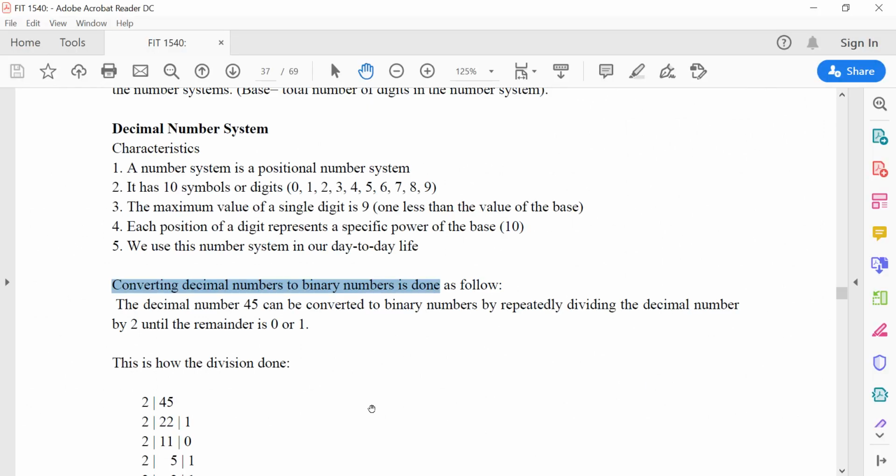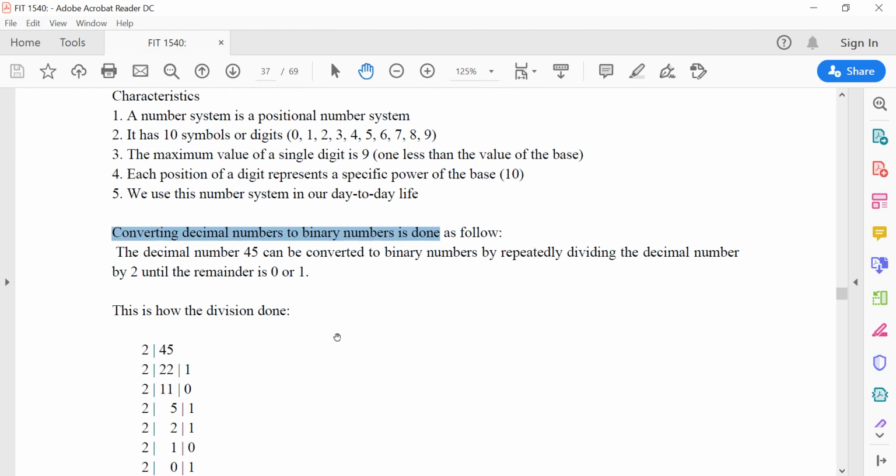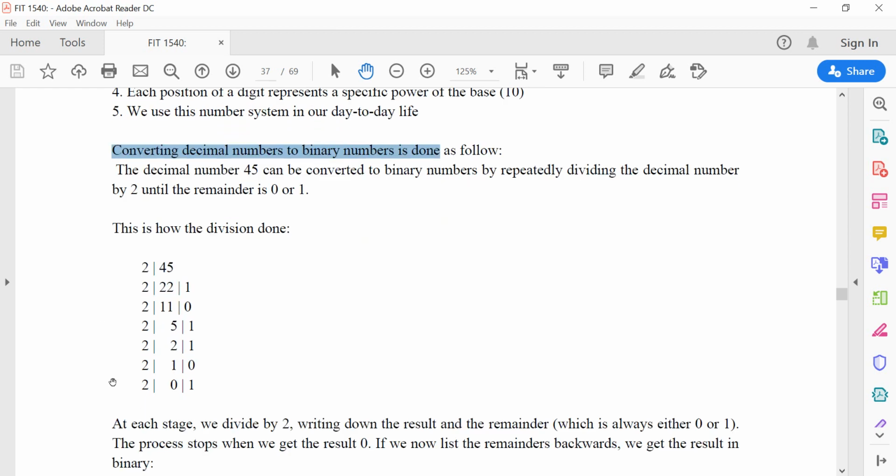If you still remember, I gave you an example in class where I showed you how this conversion was done. The decimal number 45 can be converted to binary by repeatedly dividing the decimal number by 2 until the remainder is 0 or 1.